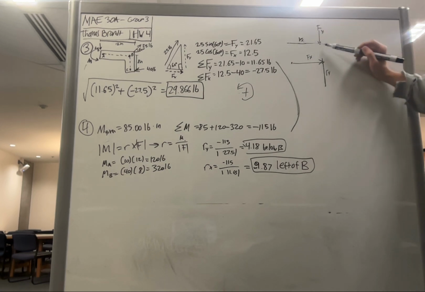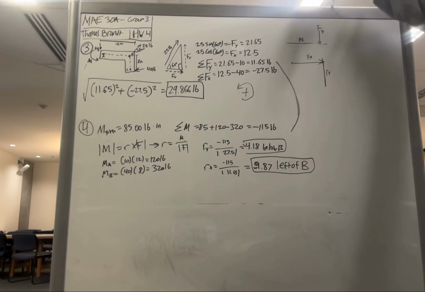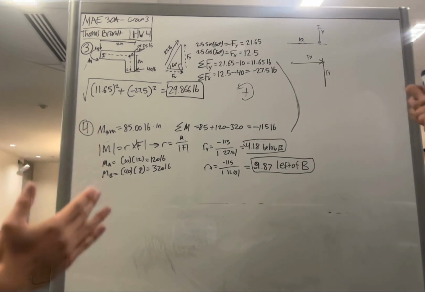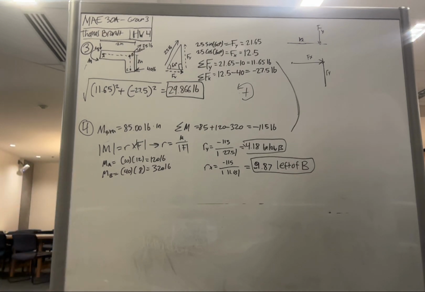So for Rx, we need this Fy. Rx's y component is perpendicular to the x-axis, and vice versa for Fx and Ry.